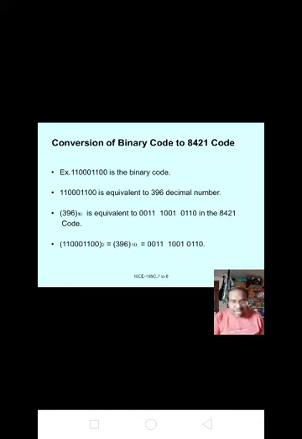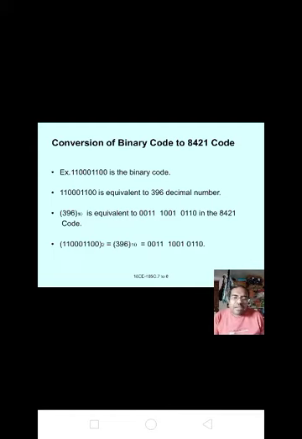I have taken the example 110011001. We make groups of 4 bits from LSB to MSB. 1001 is one group, 1100 is one group, and 1 is one group.